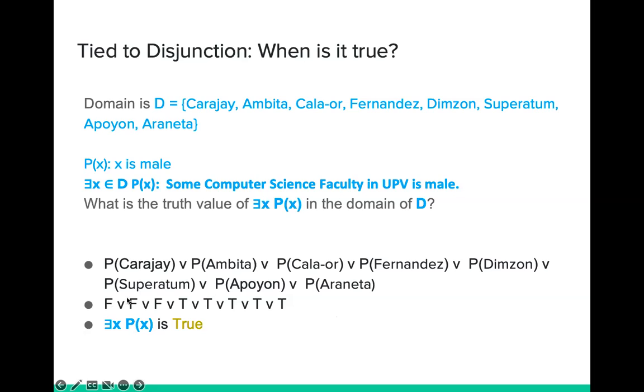Since they are connected by OR, there is at least one true in this set. So we can say that this existential quantifier, there exists x, P(x), is true.